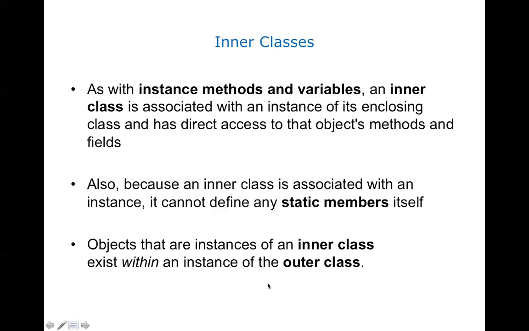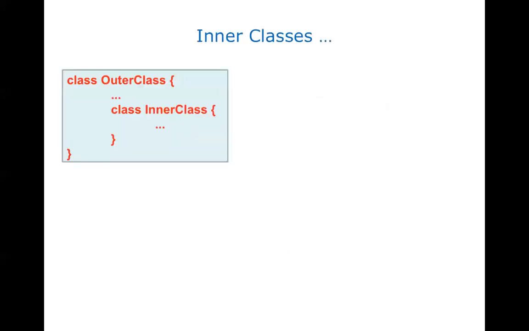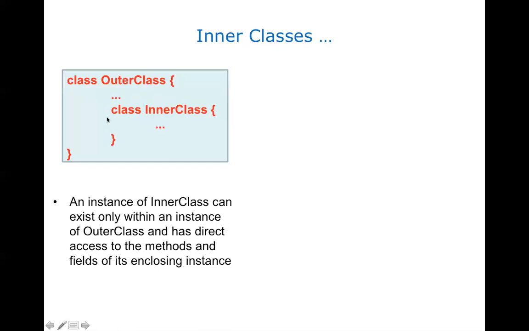Let's understand with a pictorial representation. I have a class OuterClass and some class InnerClass, the non-static class, which we can define like this. The object of this inner class will exist within the object of the outer class.